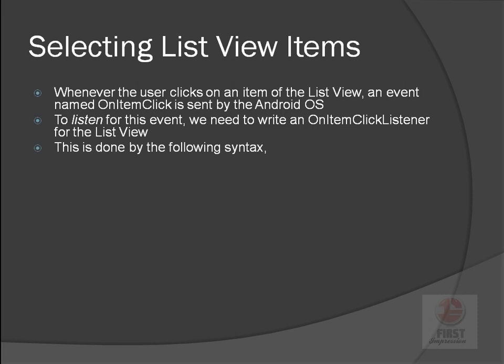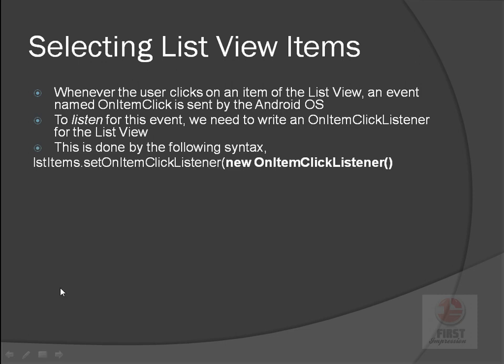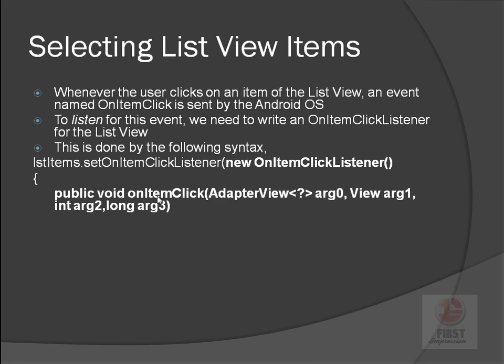To do that, we have to use the following syntax. We'll say lst items, that was our list view, dot set on item click listener. This is the on item click listener, new on item click listener, and I'll say public void on item click. Okay, now inside this on item click, Android passes some arguments.